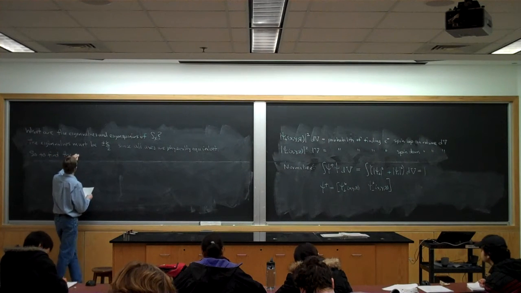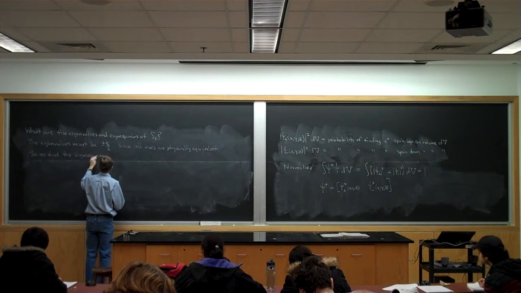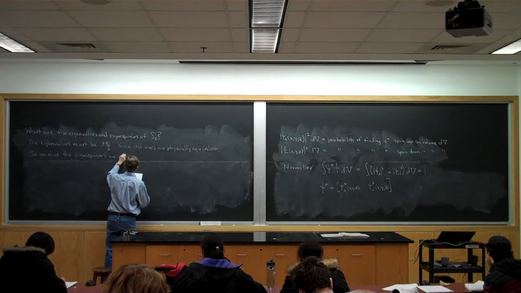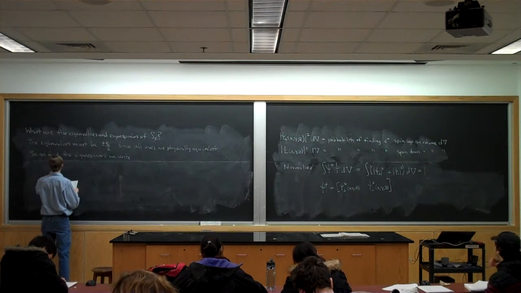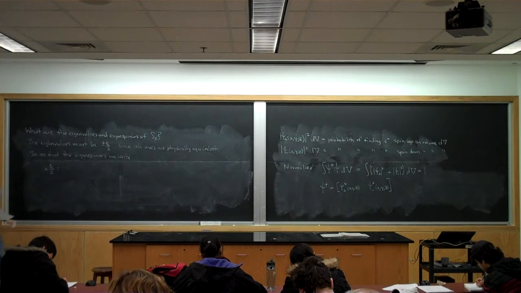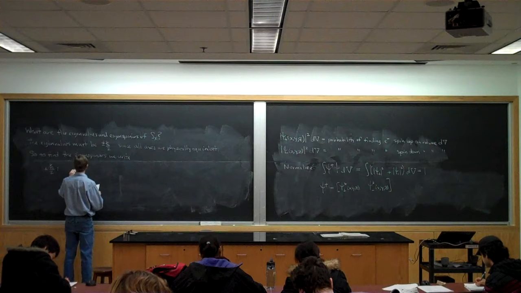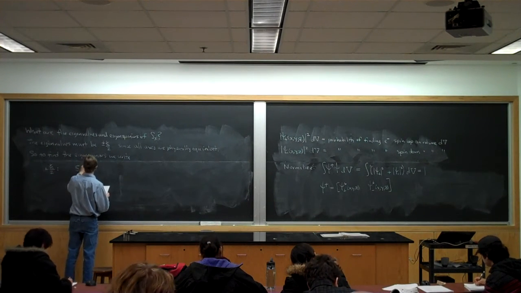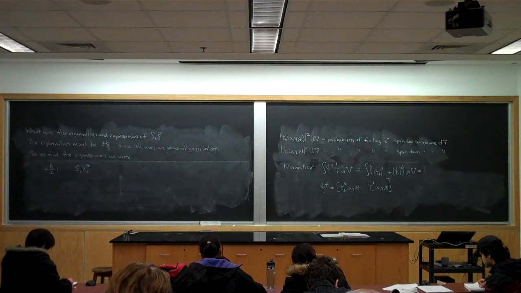Since we already know the eigenvalues, we can jump right ahead to finding the eigenspinors. For plus h bar over 2, we'll have that S sub x times chi plus for the x direction.